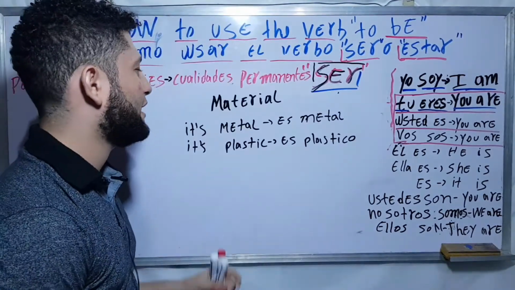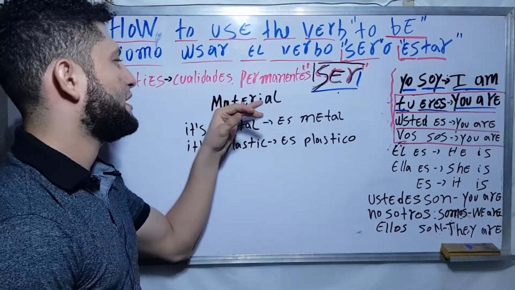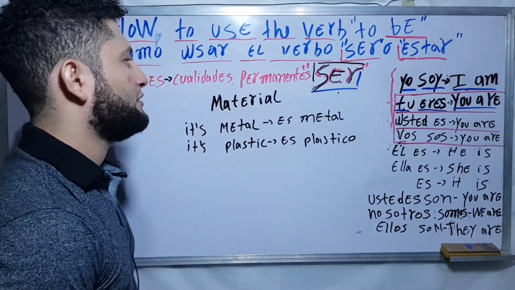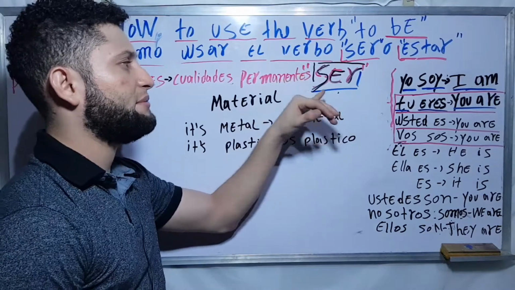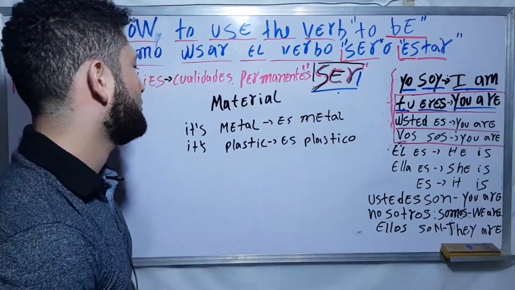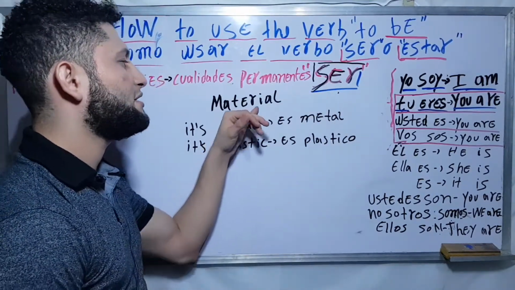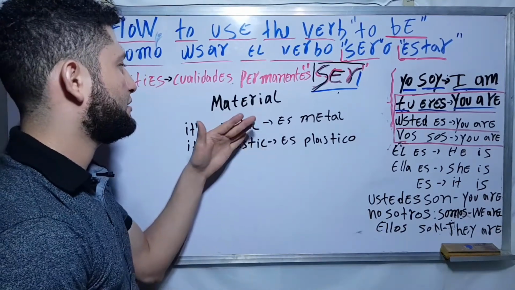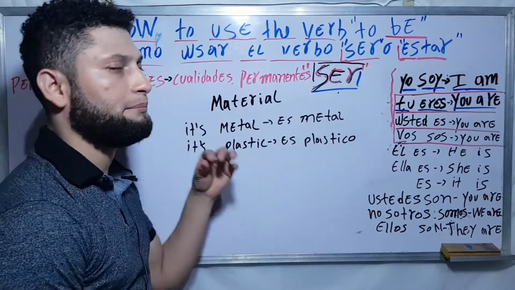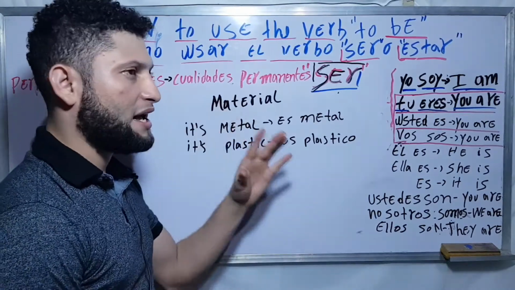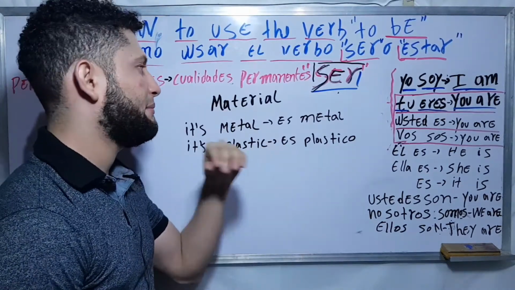Okay, now with the next one. See here, guys, it is with material. Remember, with the same verb ser, you need to use it with material. In Spanish it's the same spelling, but the pronunciation is different. Material, material.